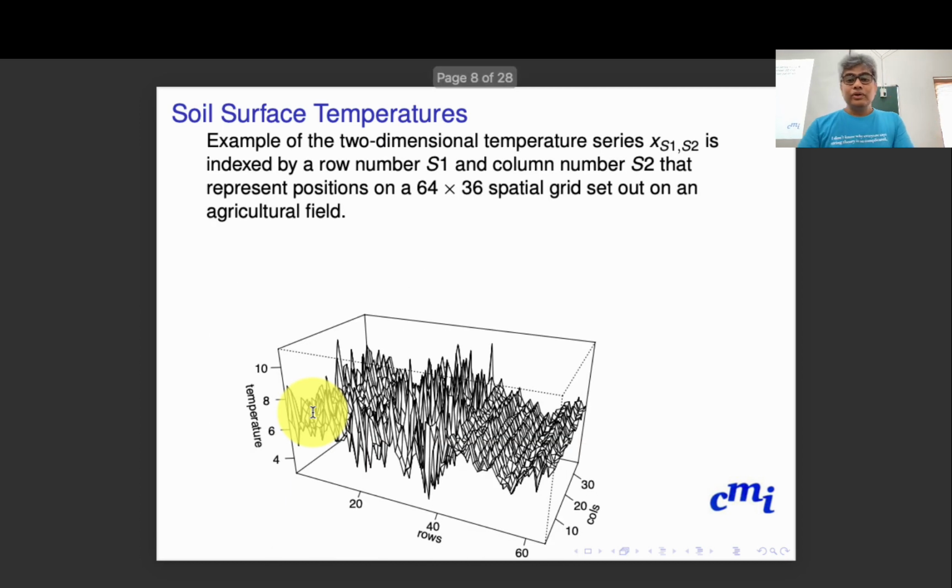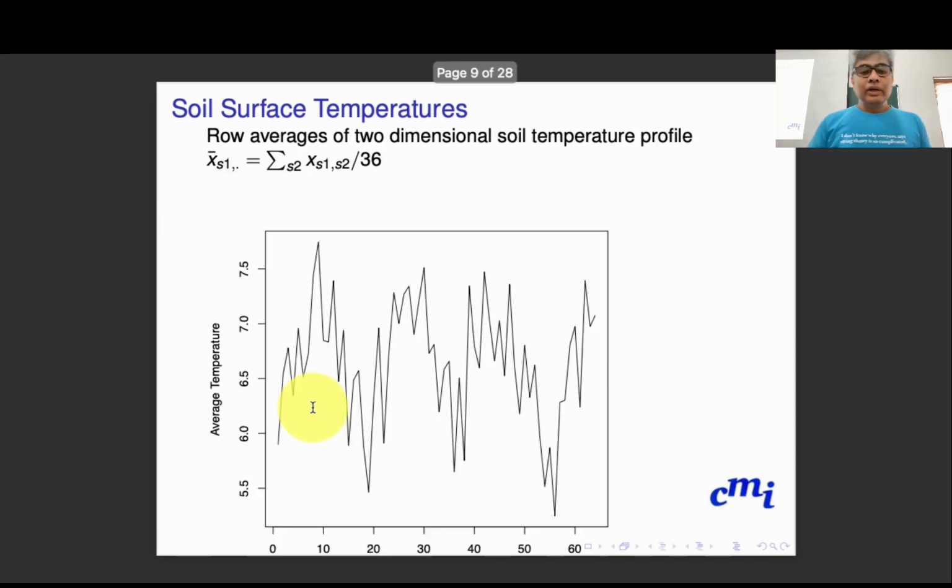Now what you do, you take one row or one column, like you just take a slice of the grid. Along that grid, you take the average over time and see what series you are getting.